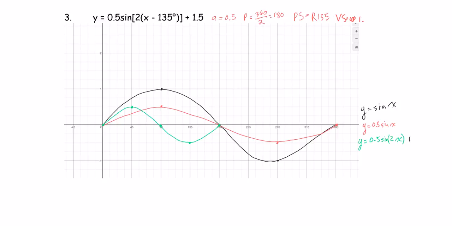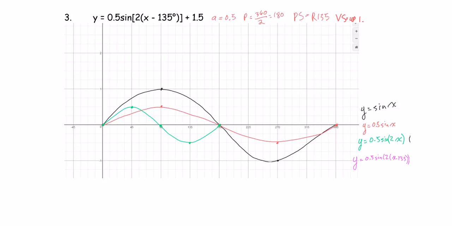The next portion of the graph represents the phase shift. Y is equal to 0.5 sine of 2 bracket x minus 135. So x minus 135, we look at that. That tells us our phase shift is right 135 degrees.